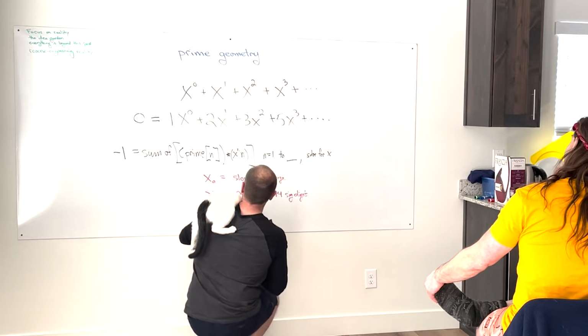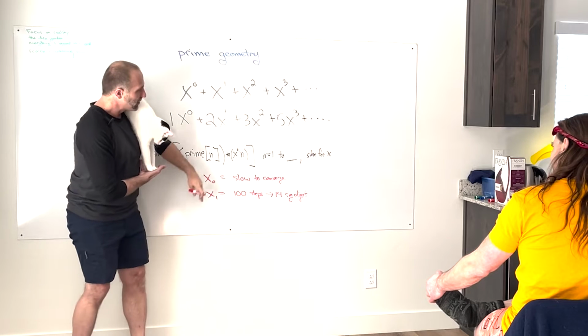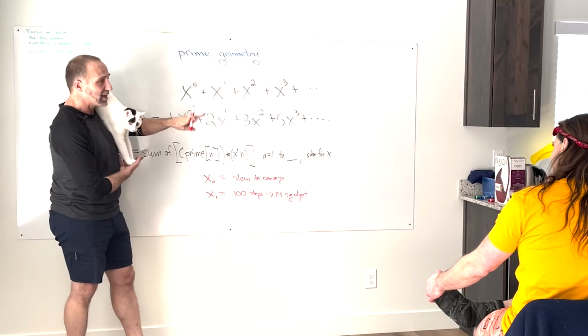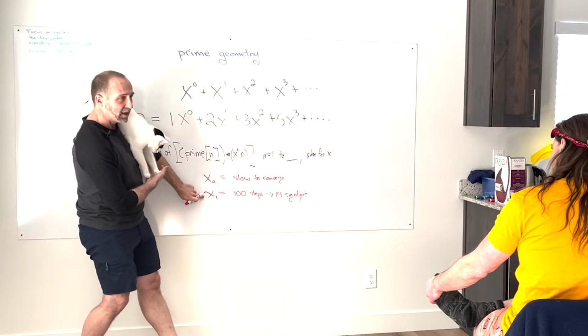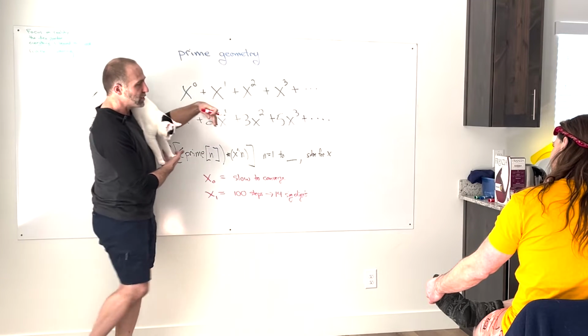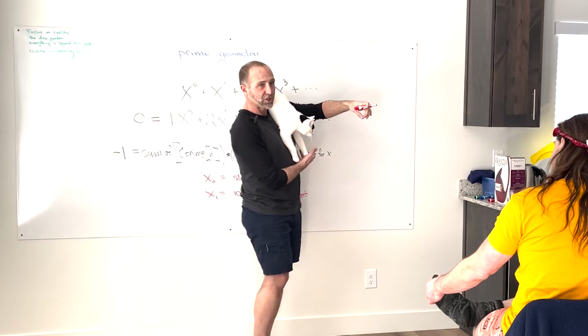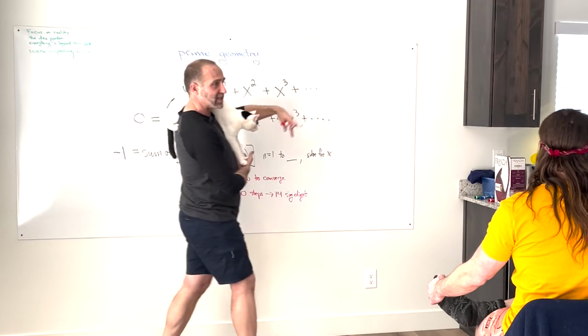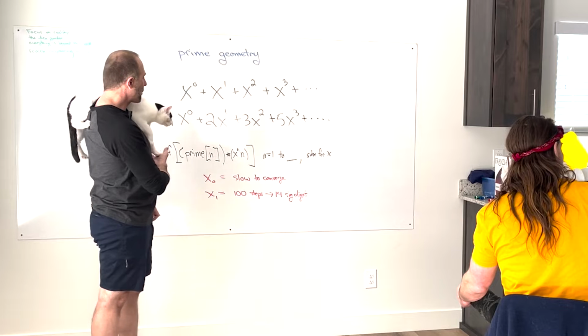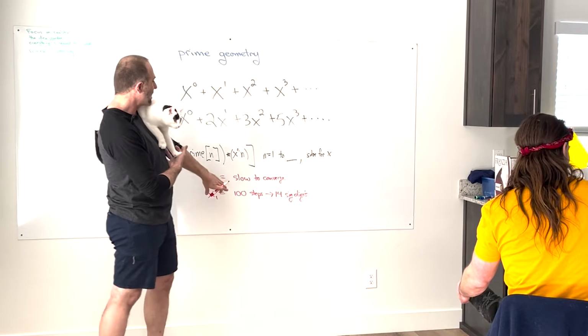Meaning the value of x1 changes as you go up in n, but by the time you get to 100, x1 has already secured the first 14 significant digits, and all the changes happen after that. So it picks the first 14 significant digits by the first 100 steps.